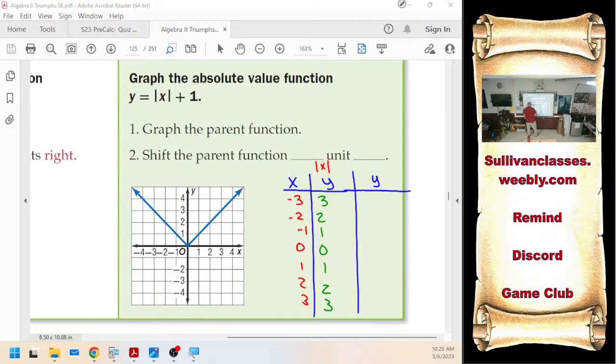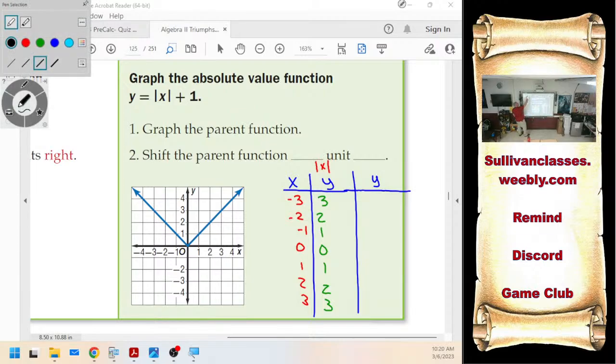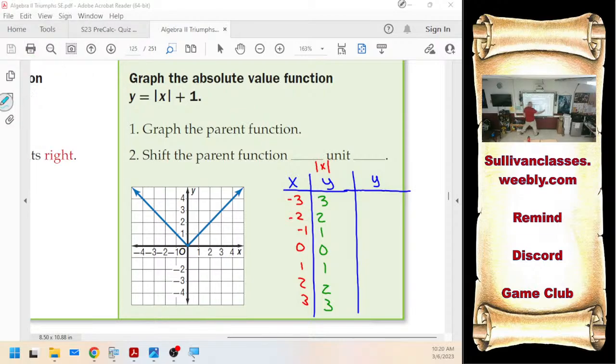So now, check out what they want us to do. They want the absolute value of x plus 1. So I would take this parent graph, take all those points and just add 1 onto them. 4, 3, 2, 1, 2, 3, 4.